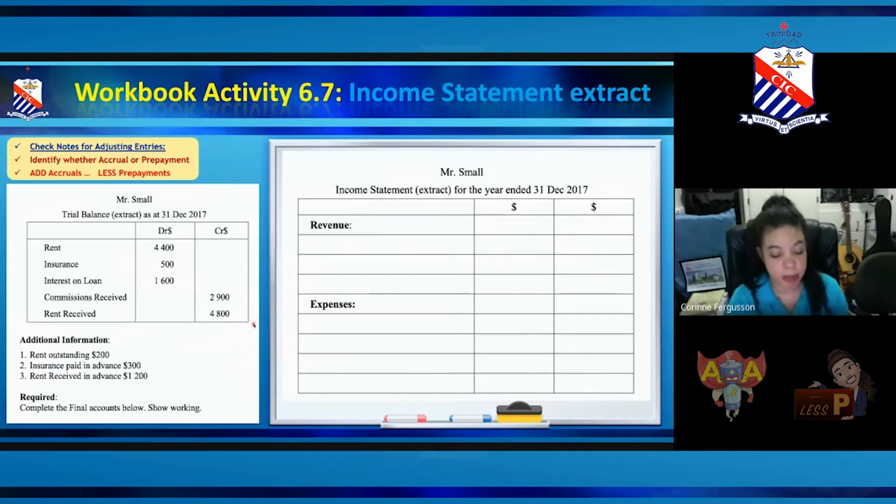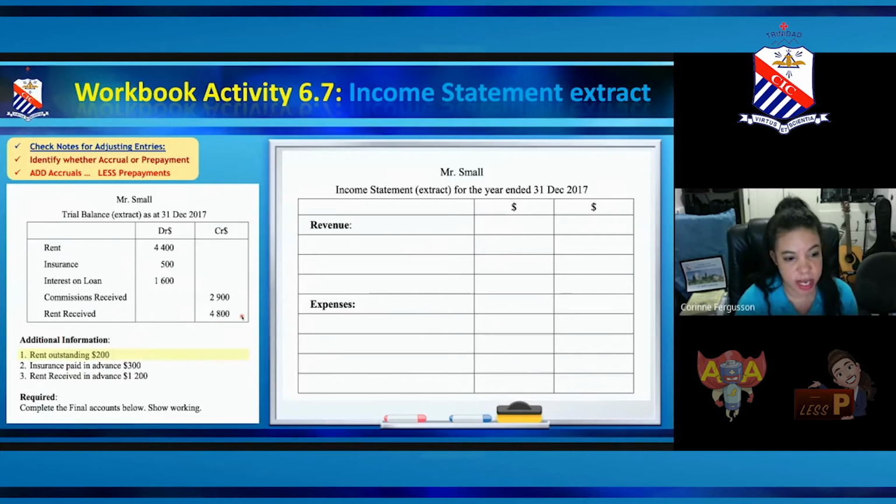So I'm just going to spend some time showing you that it can be done that way. It is your choice. But after I show you this order, for those who might prefer it, I will stick to my order, which I like, the trial balance. But feel free, as long as you get the correct answer. So this time we're going to go to the notes first.